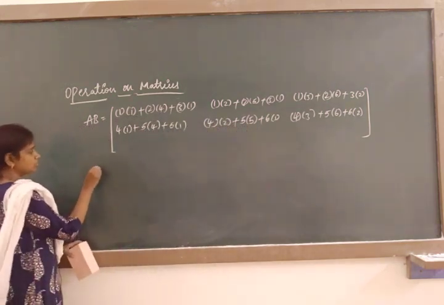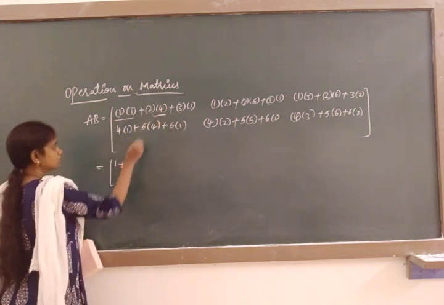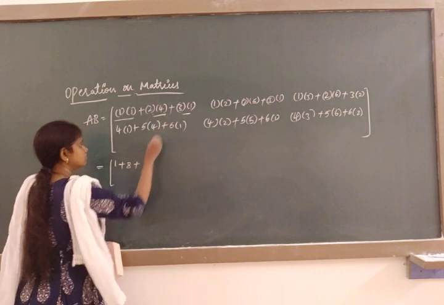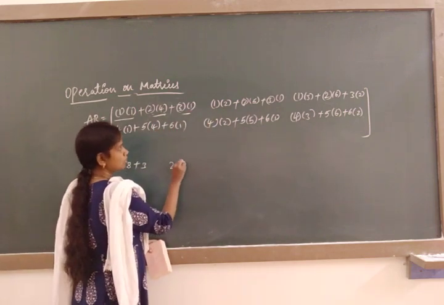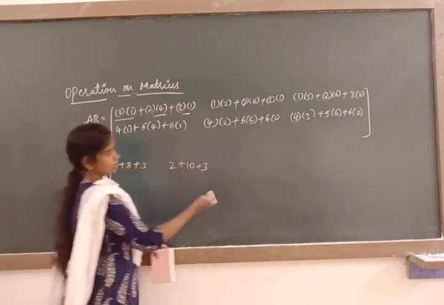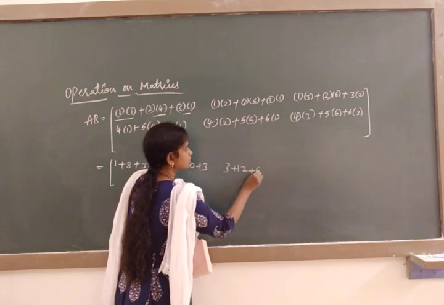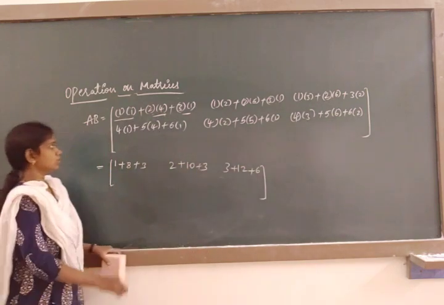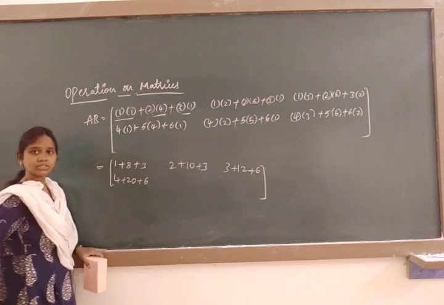So now the multiplication, you know that this is 1 1s are 1, 2 4s are 8, 3 1s are 3. Next, leave some space, 1 2s are 2 plus 2 5s are 10 plus 3 1s are 3. Next 3 1s are 3 plus 2 6s are 12 plus 3 2s are 6. Next 4 1s are 4 plus 5 4s are 20, 6 1s are 6.